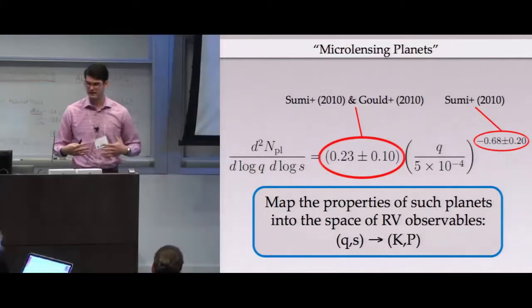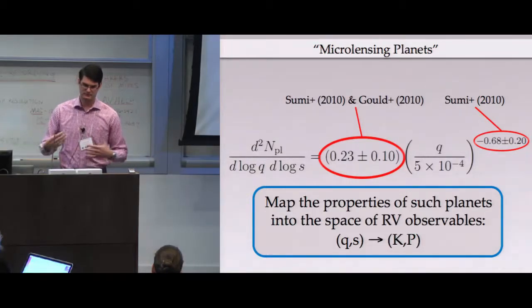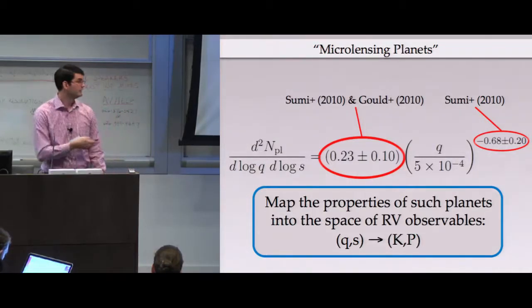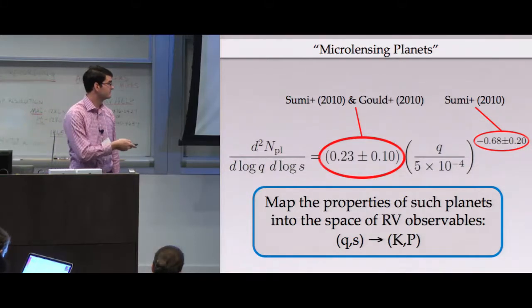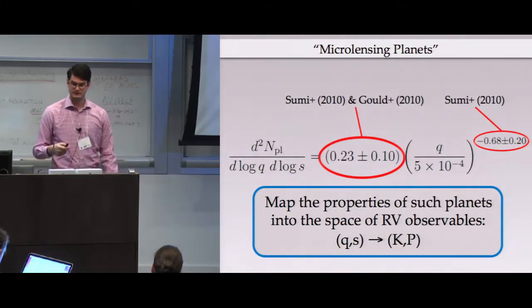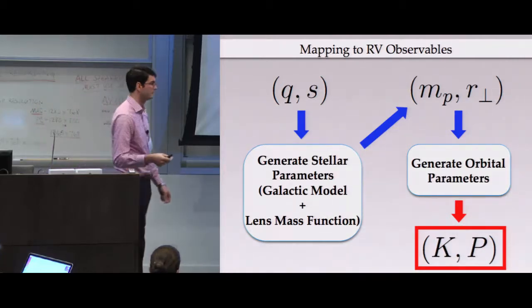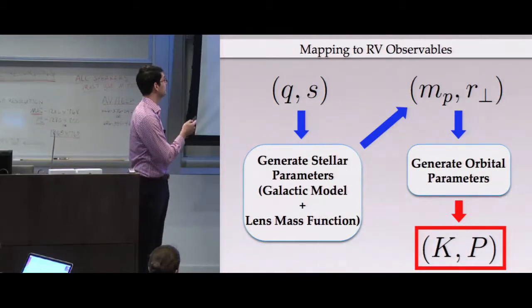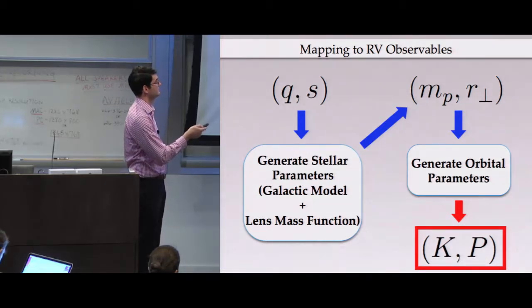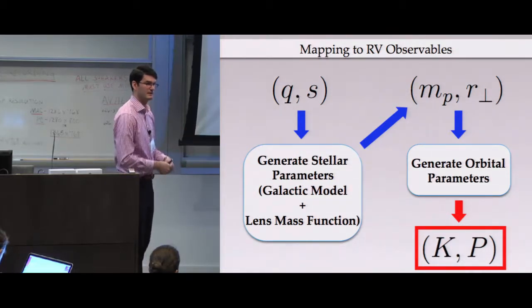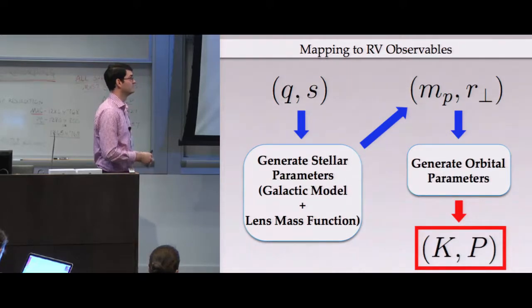And so we draw a bunch of values of mass ratios and projected separations, and we want to determine what this distribution would look like in the space of radial velocity. And so this is the general flow for how you would do such a thing. You draw your values, and now in order to get a true planet mass and a projected separation in physical units, in AU, we need a few things.